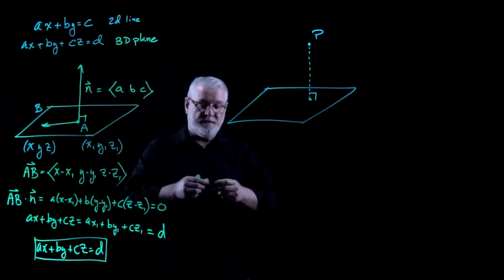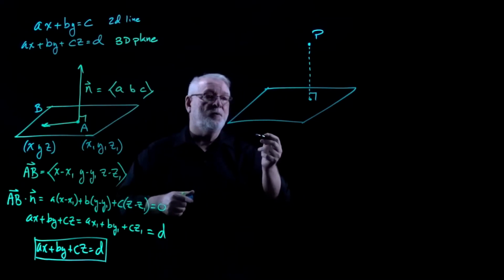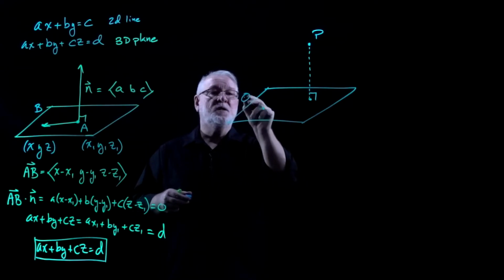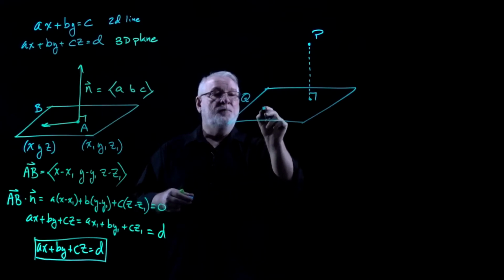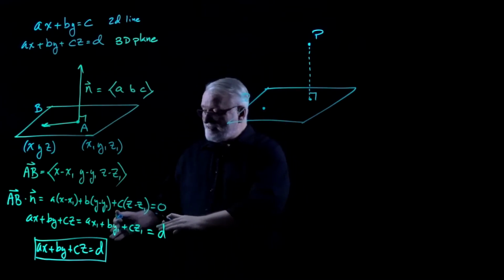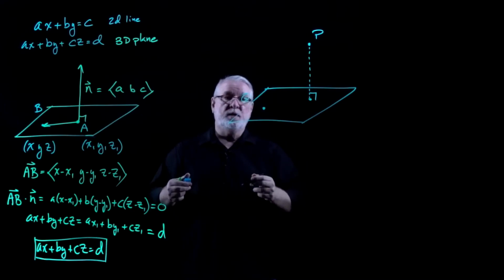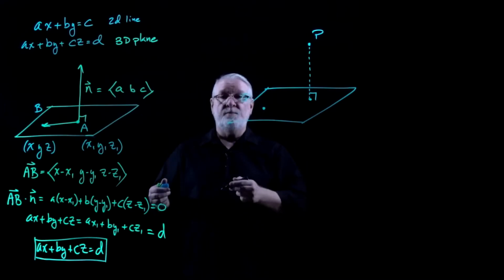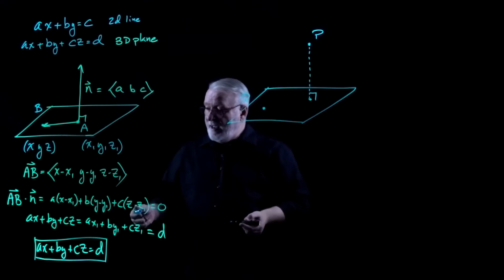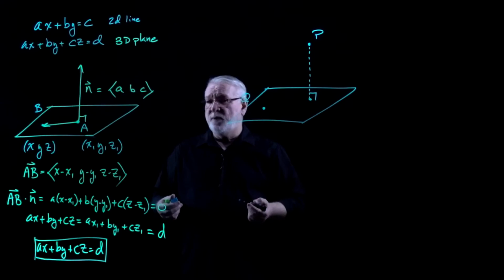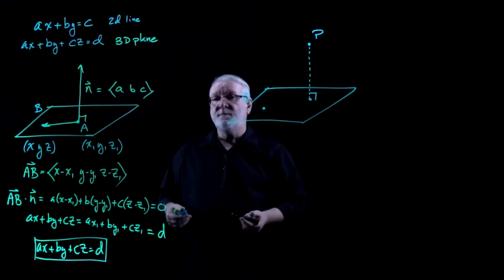What I'm going to suggest is that we locate any other point in the plane. We'll call that point Q. And point Q, of course, will satisfy this equation right down here. That is, point Q will definitely be a point that's within the plane. And although this is an equation with 3 variables to it, finding points that lie on it is actually quite simple.